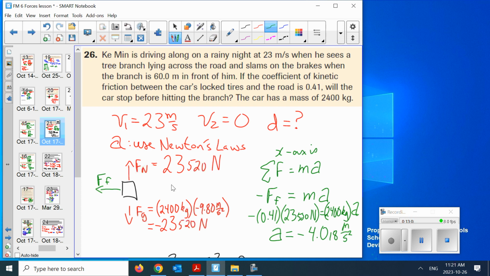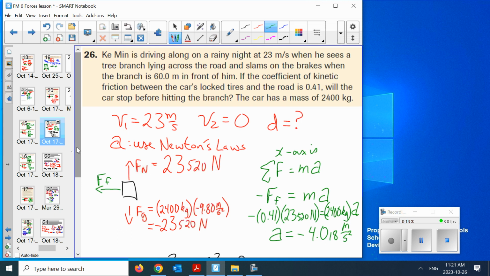It's braking 100%. There's no engine working towards it. So it's 100% just the friction force. We solve that. We get an acceleration of negative 4 meters per second squared. 4.018. Okay? That makes sense with my diagram because it's stopping. So it's in the opposite direction to the motion.